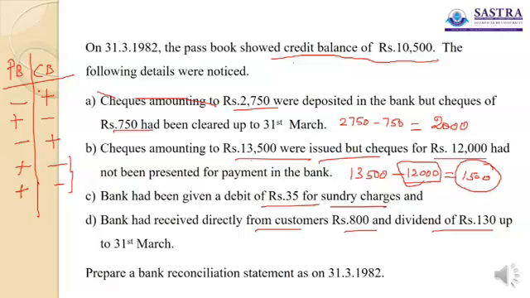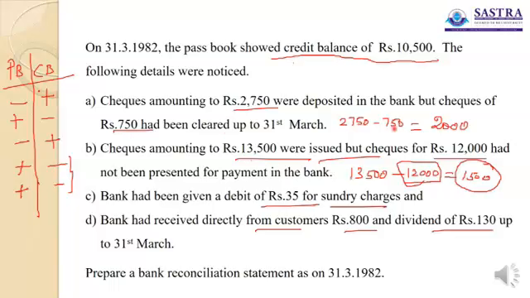So come here and see the transactional analysis. Here the checks amounting to rupees 2,750 were deposited. See, I am pointing now, here 2,750 and 750 had been cleared.